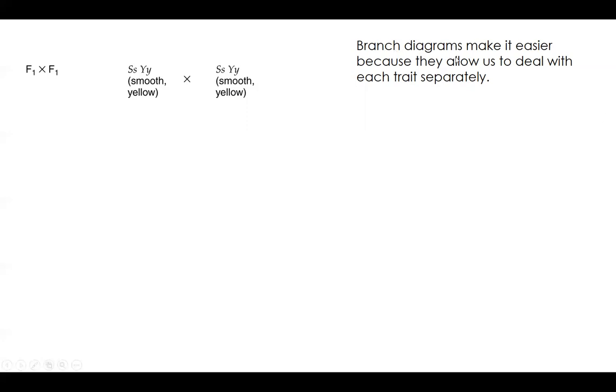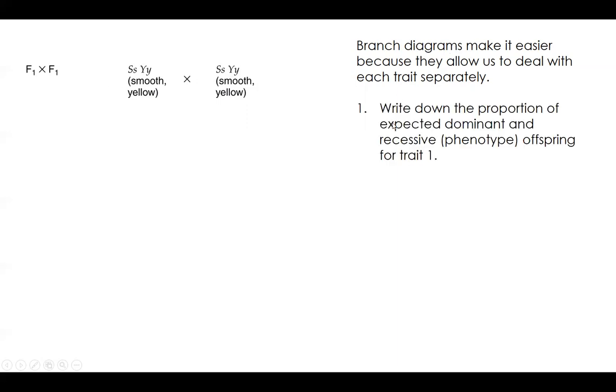Branch diagrams make it easier because they allow us to deal with each trait separately. Here we have that same F1 by F1 cross that was in that big Punnett square. The first thing that we do, unlike our previous example, is that we're interested in the phenotypes. So we can write down the proportion of expected dominant and recessive phenotypes in the offspring we would expect for trait 1 only. Let's deal with only the smooth wrinkled trait first.